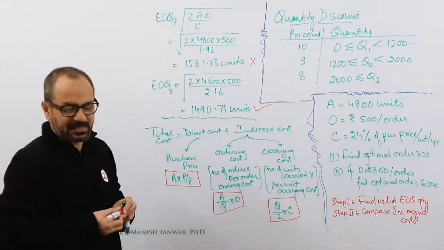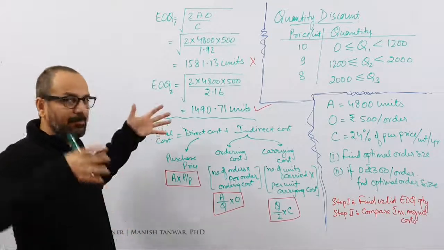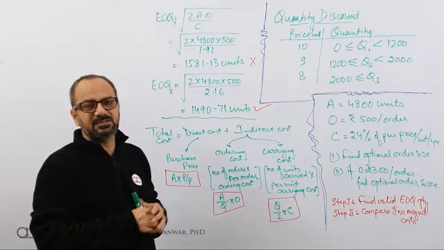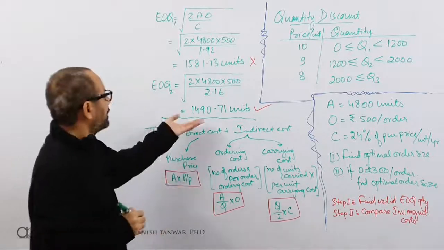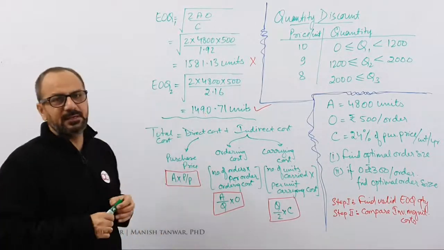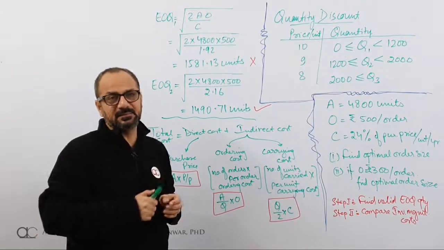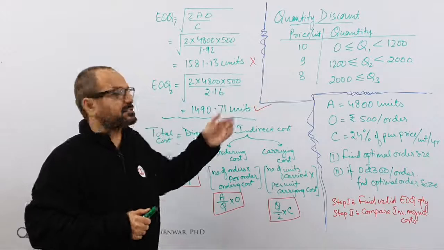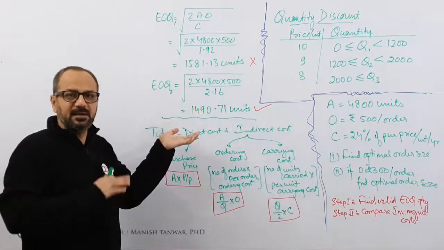Now what I need to check is, when is this complete cost at minimum level? It is expected that EOQ will give me the minimum level. But this time the catch is there are discounts to be had. If there were no discounts, definitely EOQ would have given me the best result.